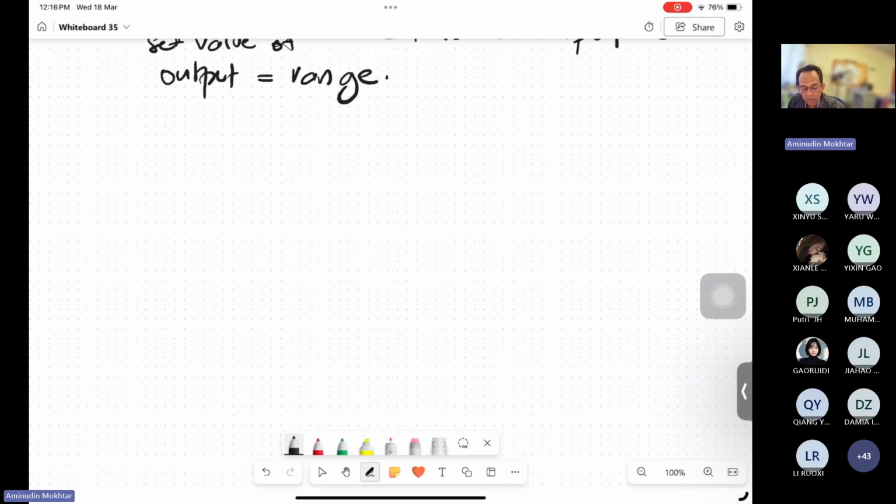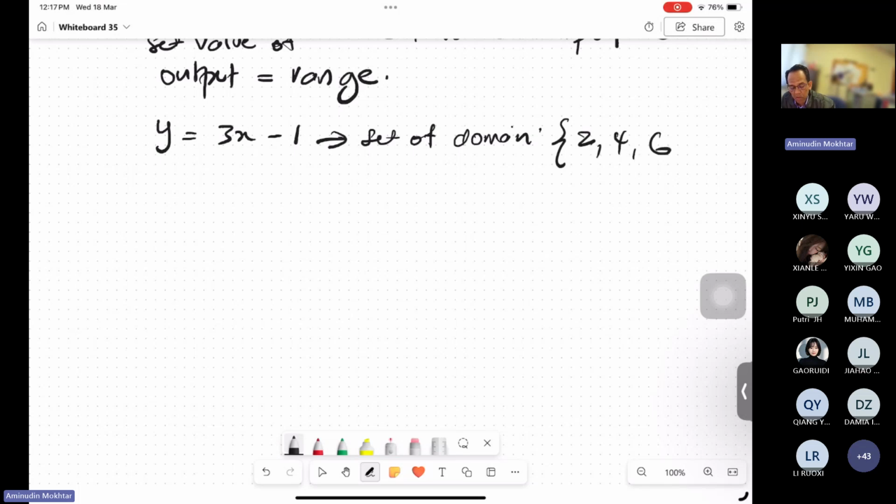Let's say we have this equation, y equal to 3x minus 1, and the given set of domain is 2, 4, 6.